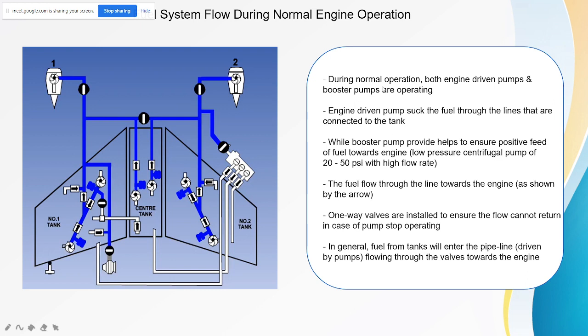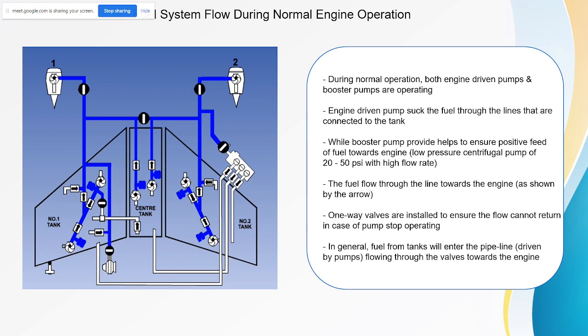During normal operation, both the engine-driven pumps and the booster pumps will operate. The engine-driven pumps will suck the fuel through the lines that are connected to the tank. The booster pump, which is located at the end of the line, helps to ensure positive feed of fuel towards the engine.